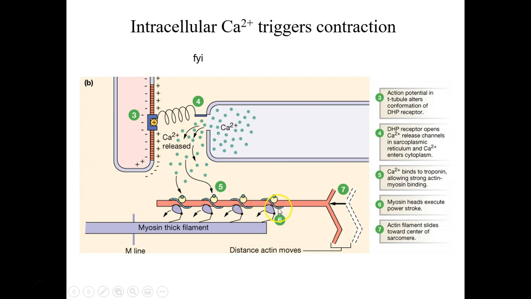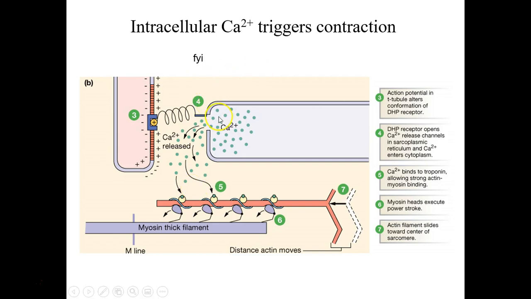When it gets out of the way, guess what? Hey, my myosins can hook on and do their power strokes, if ATP is present. You need ATP to do that, right? Because that's an energy-using reaction. And so that's why you've got so many mitochondria scattered around.